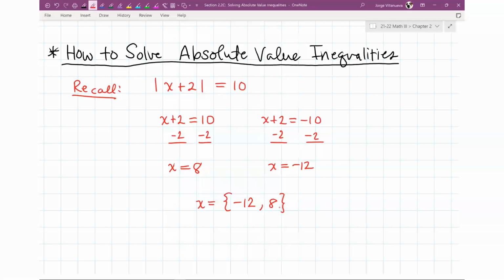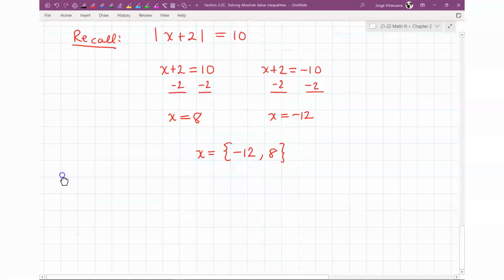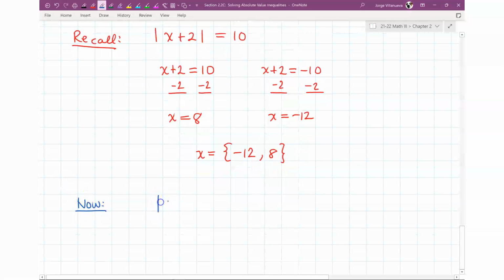Now, what about an inequality? So let me give you an example of that using the same equation. Notice the only thing I changed was the inequality.